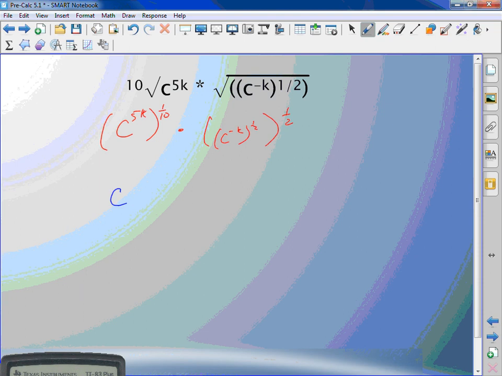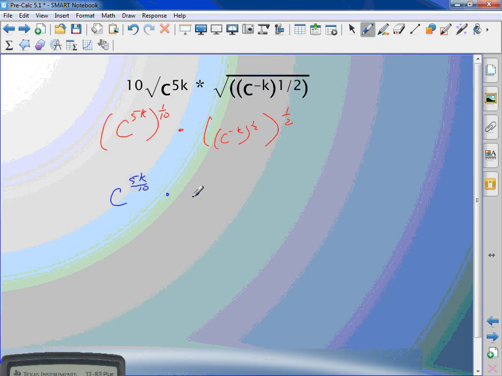So I have c to the 5k over 10 times c to the negative k, 1/2, 1/2. I have an exponent to an exponent to an exponent. What do I do with all those exponents? Exponents to exponents, you multiply.